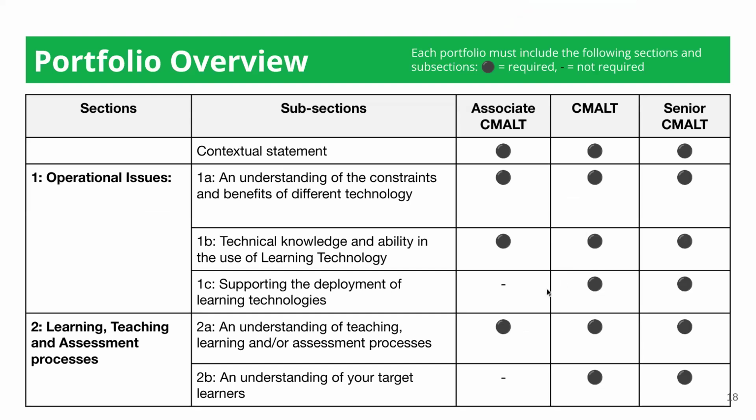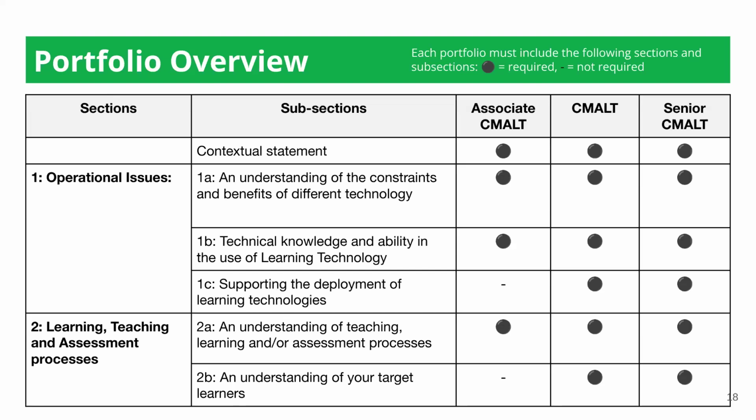So now we'll move on to look at the overview of all of the different subsections that you need to complete for the portfolio. So this is where the different pathways start to come into play. So you can see in this slide, we've got all of the sections, then the subsections, and then a grid showing whether they're included or not in your particular pathway.